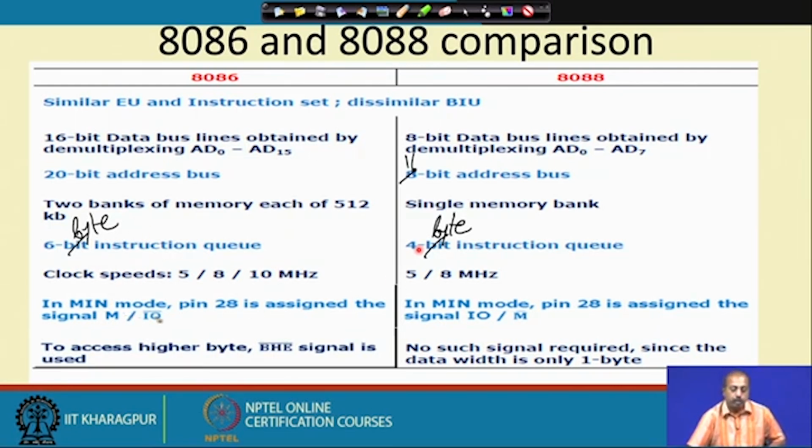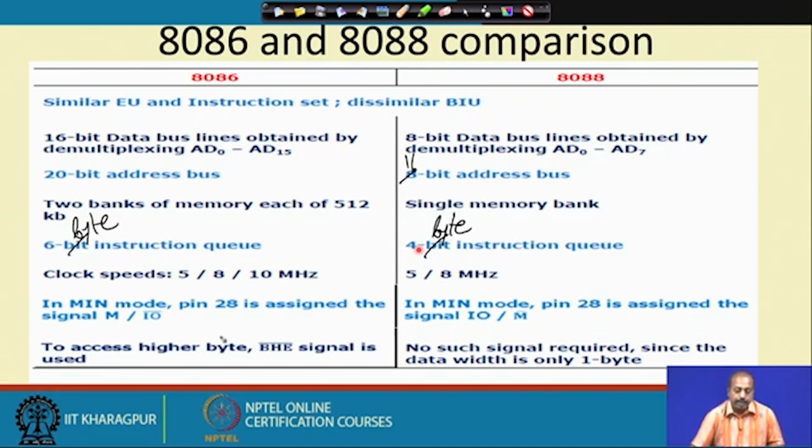Now, in minimum mode of operation, pin 28 is assigned the signal M by IO bar, and in case of 8088 pin 28 is assigned the signal IO by M bar, because this was a variation. In 8085 the signal was called IO by M bar, in 8086 it is M by IO bar. So, that modification is reverted, so that it is IO by M bar in 8088.